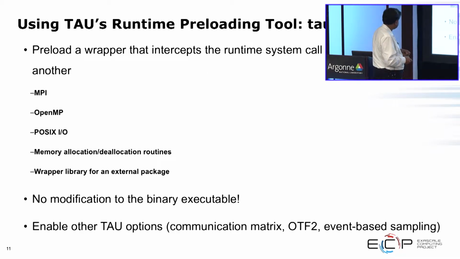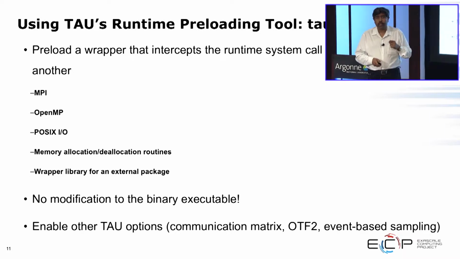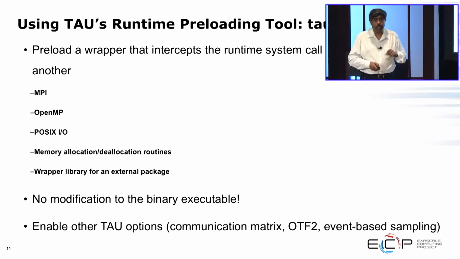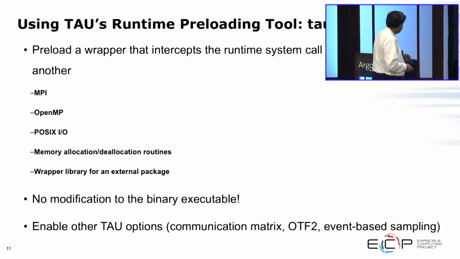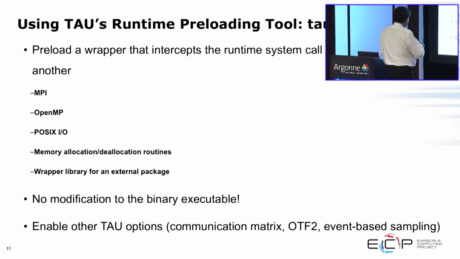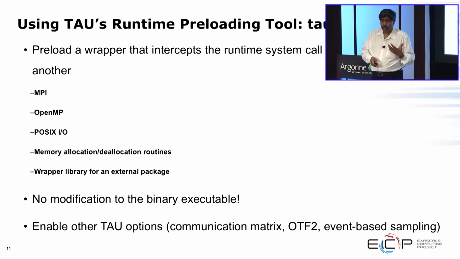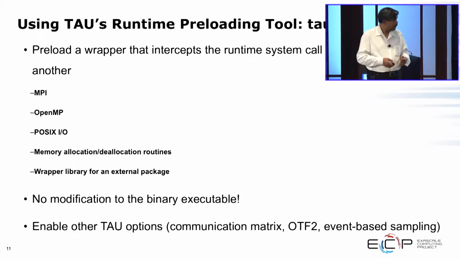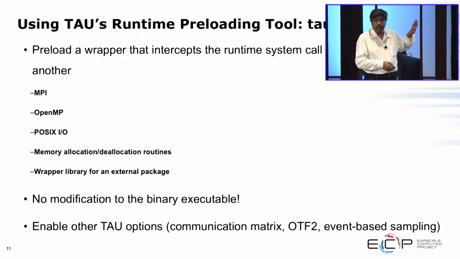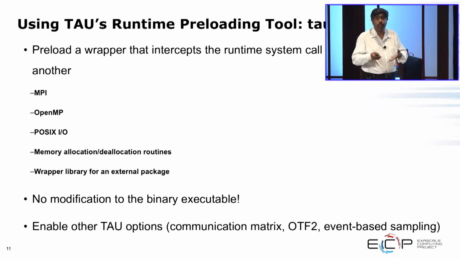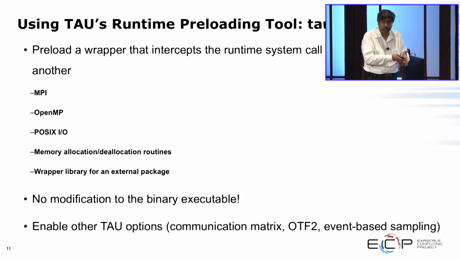But using Tao, you can use a tool called TaoExec, which can help you track the time spent in different runtimes as well as enable sampling. Your application time spent in MPI, OpenMP, POSIX I/O, memory allocation, deallocation, wrapper libraries for external libraries, they can all be instrumented using TaoExec, and then you don't need to modify your binary executable as long as it is a dynamic executable, because we are injecting a shared library, a shared object.